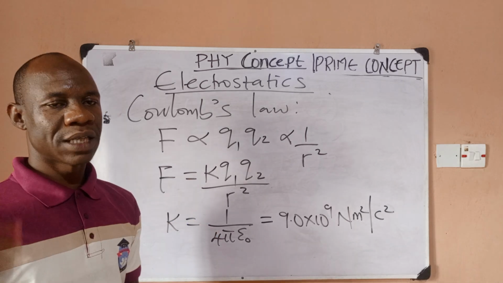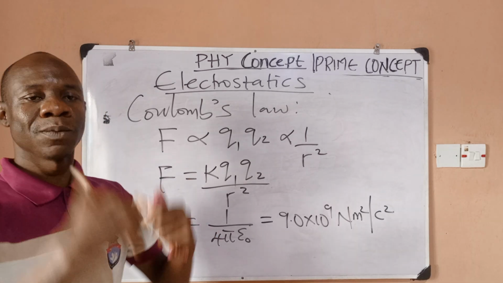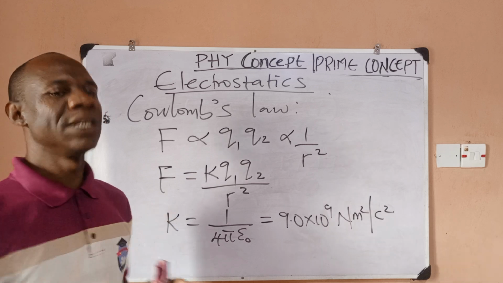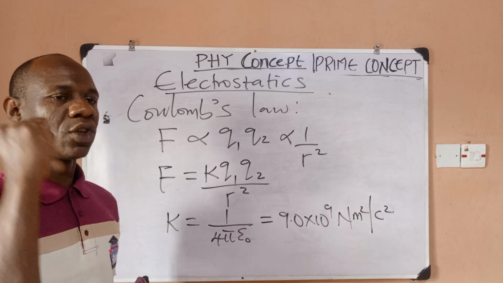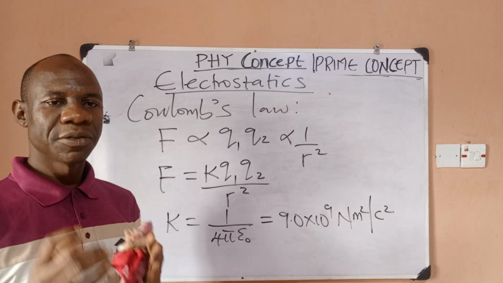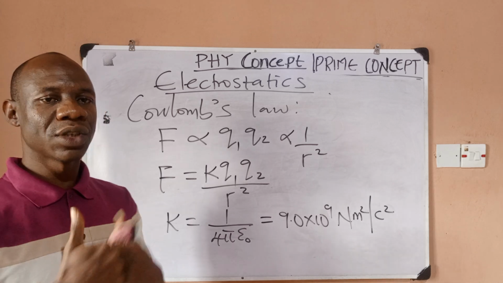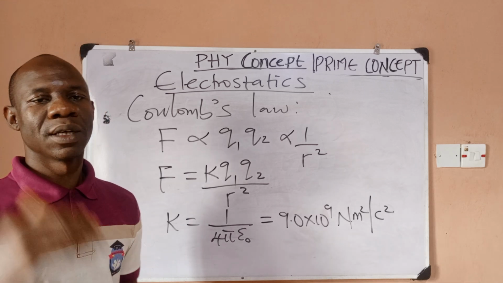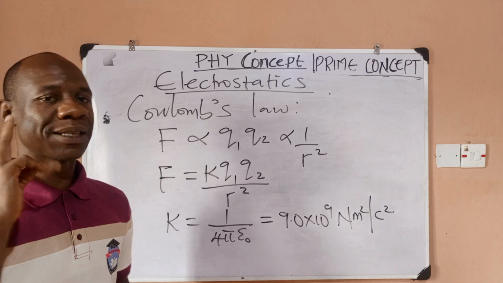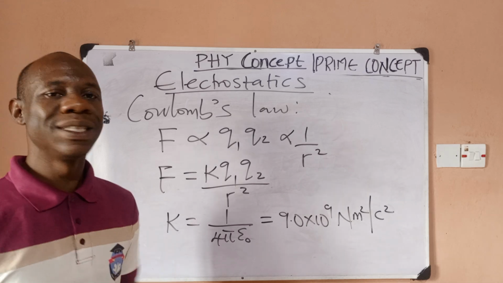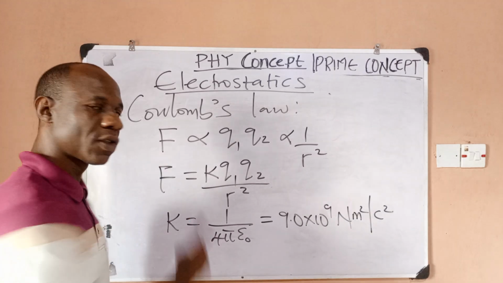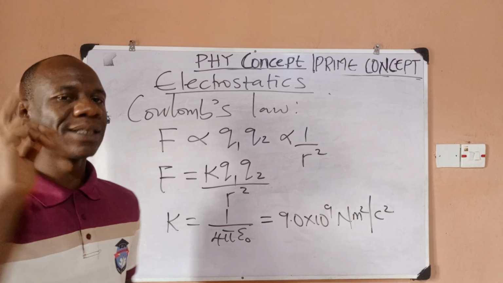Another force is the nuclear force, which exists in the nucleus of an atom. Then another force that nature gives us is the gravitational force. So these are the three forces we have naturally: electric force, gravitational force, and nuclear force.